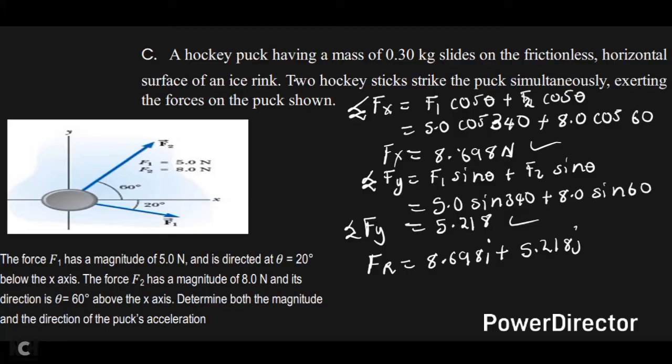So from there now, we can calculate the what? The acceleration. How do we calculate the acceleration? Remember that we said the force is equal to ma, like that. So what's the force? The force is 8.698 I plus 5.21 J. What's the mass? The mass is 0.30. Then 0.30 over 0.30, such that this and this, they will divide. Then what are you going to have?